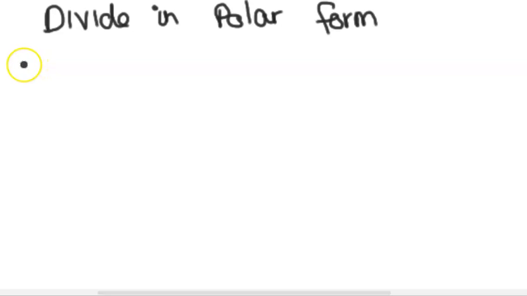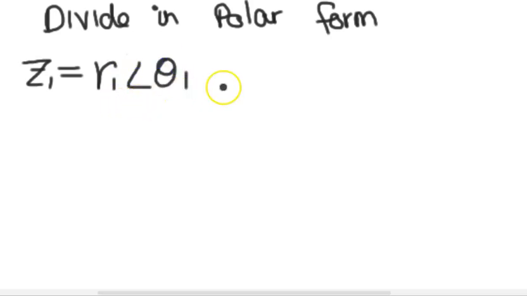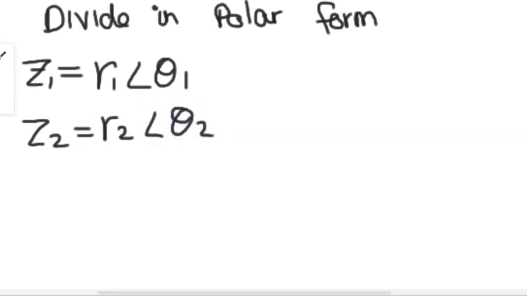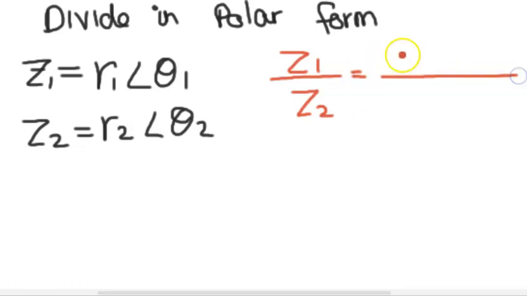Let's imagine we got z1, r1 angle theta 1, and z2, which is r2 angle theta 2, and we're supposed to find z1 divided by z2. First, you write it down as it is: z1 is r1 angle theta 1 on the top, z2 is r2 angle theta 2 at the bottom.